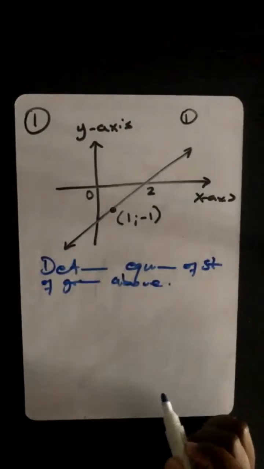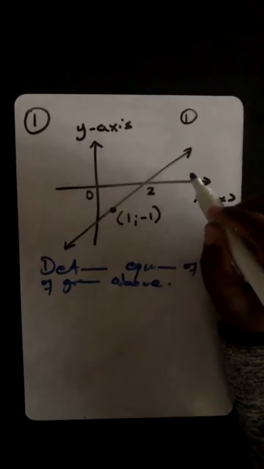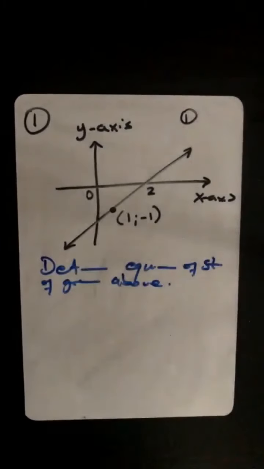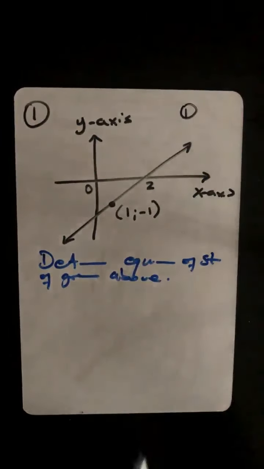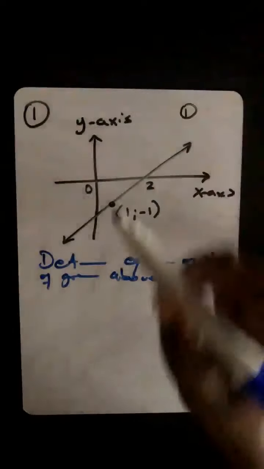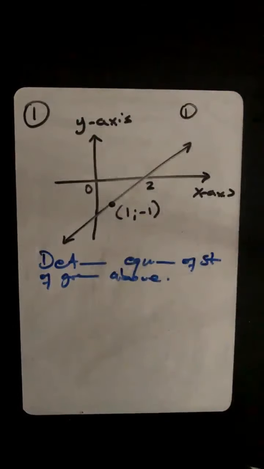So this is the homework that I gave to you, Trias and everyone else, where you are requested to provide an equation. So remember, you need to ask yourself this question: is this a straight line? And the answer to that question is a big yes.